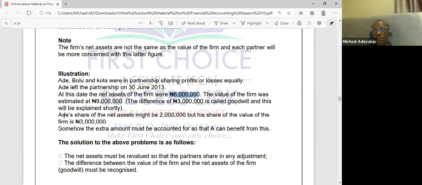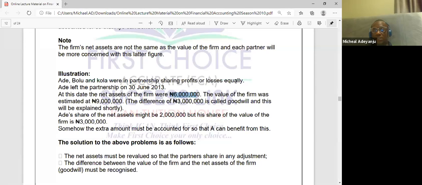Now Ade's share of the net assets might be 2 million naira, but his share of the value of the firm is 3 million naira. How did they get this 3 million naira?